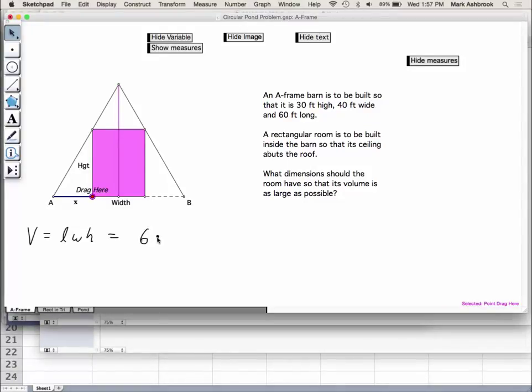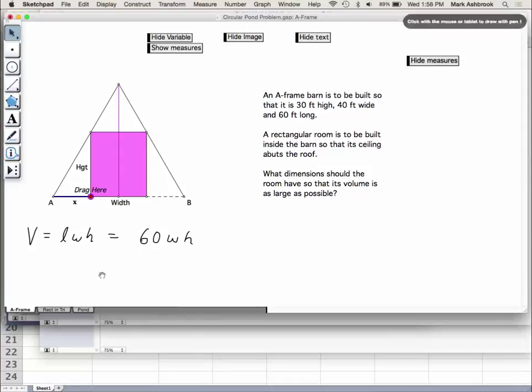But what about the width and the height? Those are changing, right? You're watching those change before your eyes. So we want to get this volume in one variable.